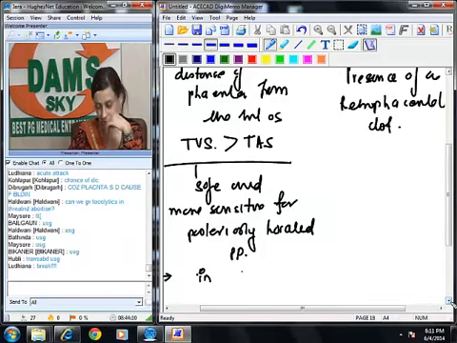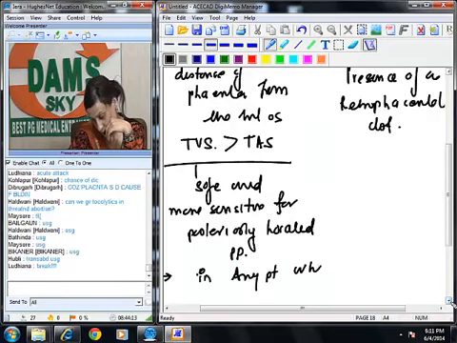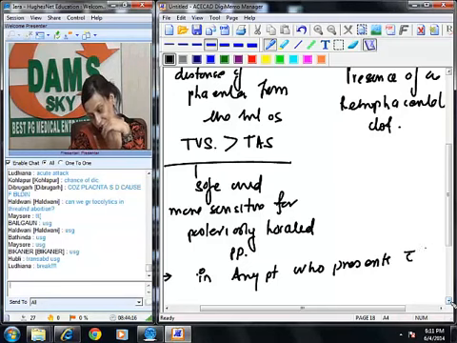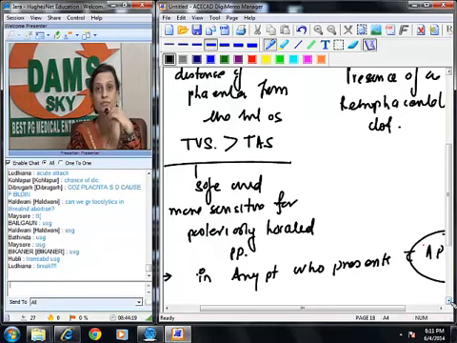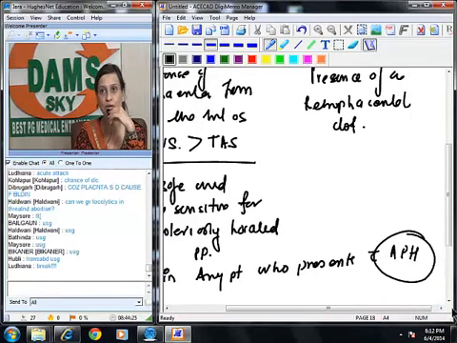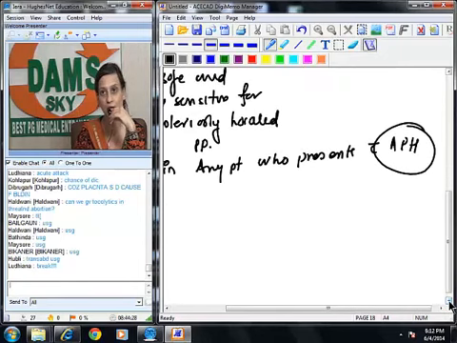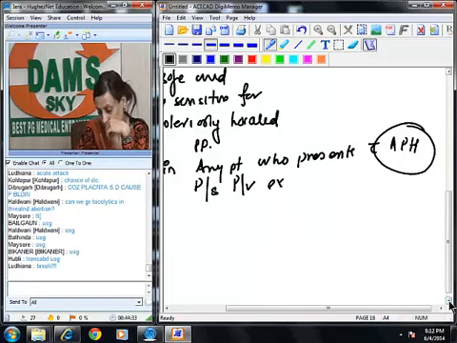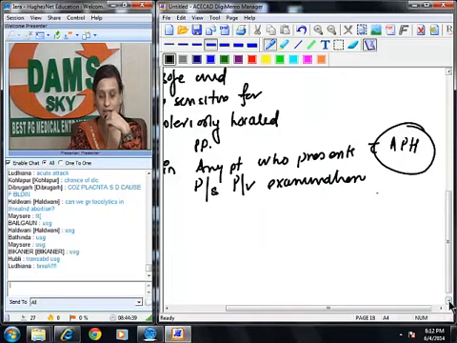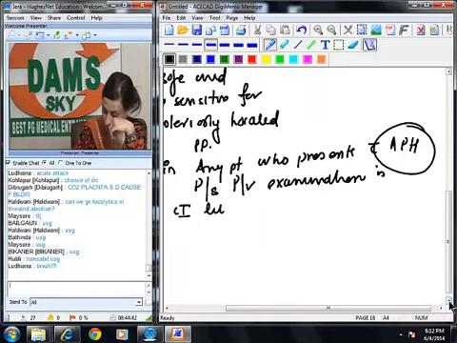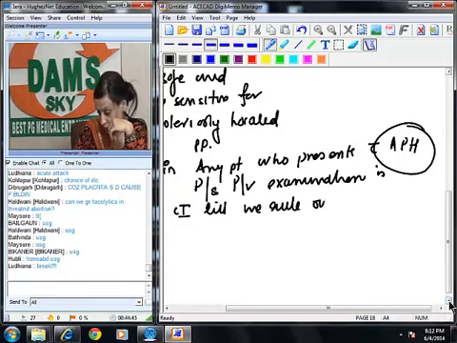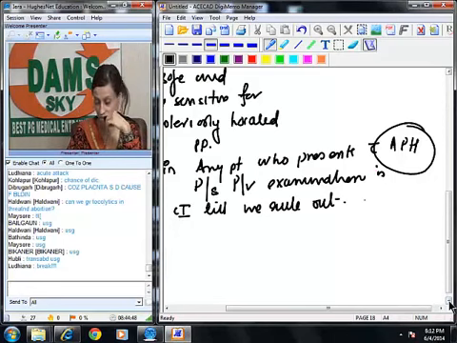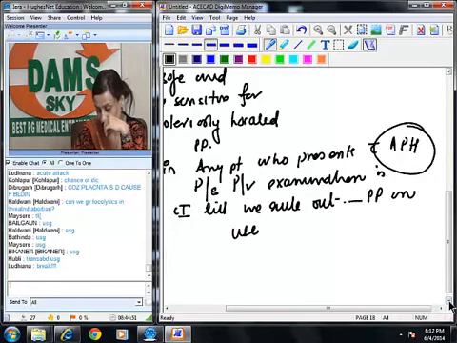The rule that we follow is, in any patient who presents with antepartum hemorrhage, a PS and a PV examination is contraindicated till we rule out placenta previa on ultrasound.